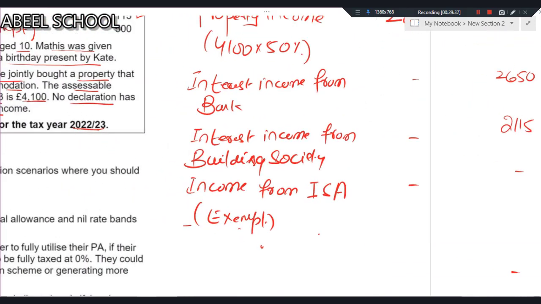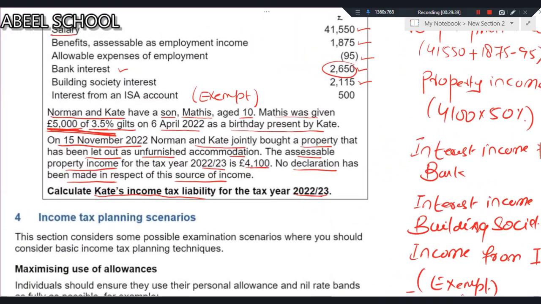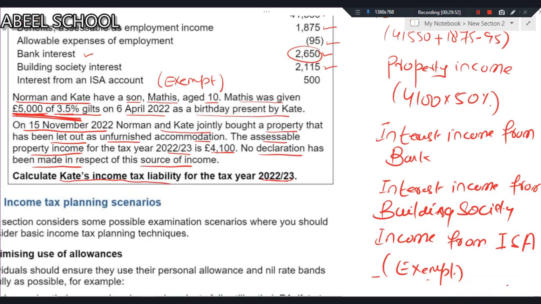Now, since Kate has been given a gift of £5,000 3.5% gilts, which generates the interest income of 175. Since this 175 income is more than £100, the entire income belongs to Kate.